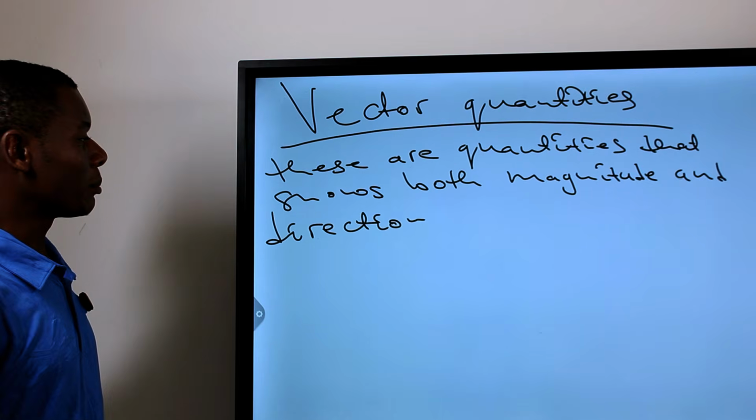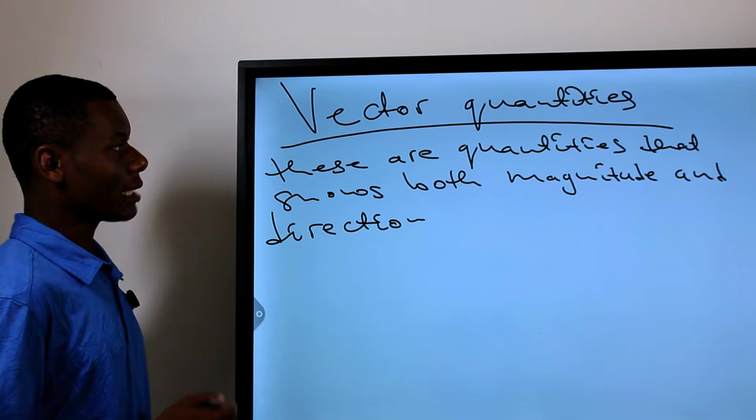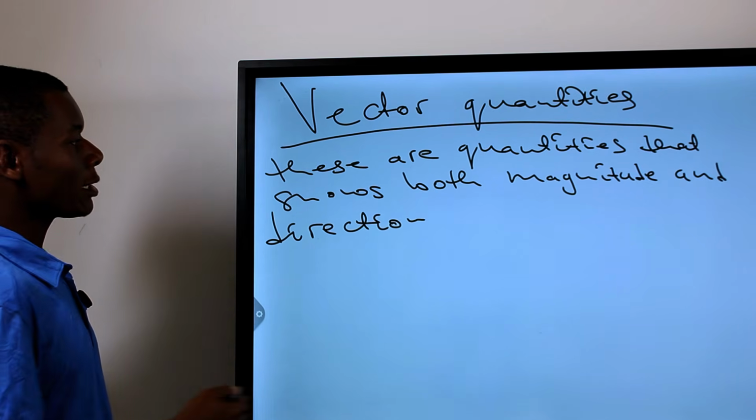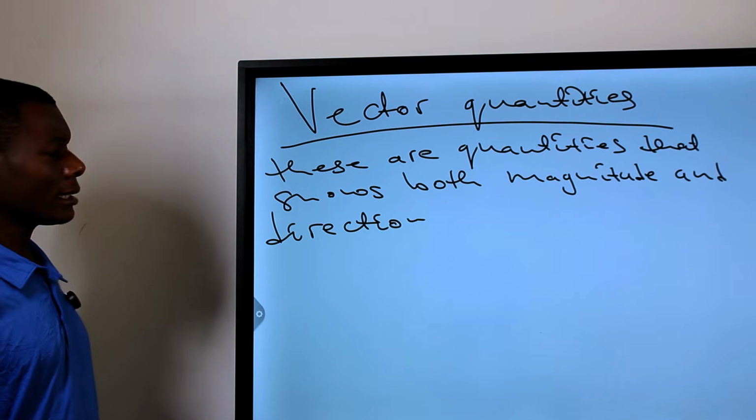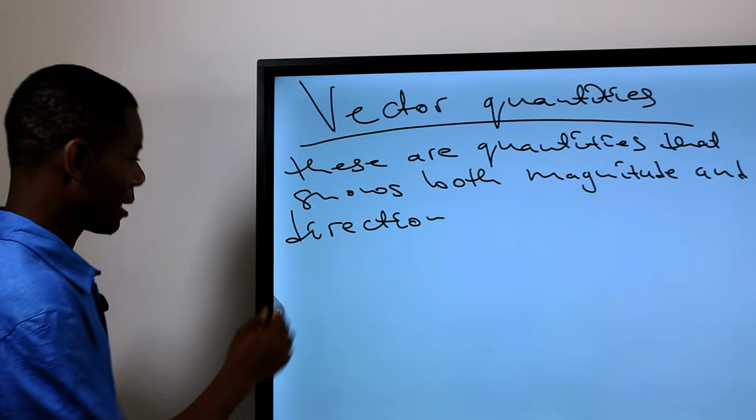So that's the difference between a scalar quantity and a vector quantity. A vector quantity shows both magnitude and direction, whereas a scalar quantity shows magnitude only.